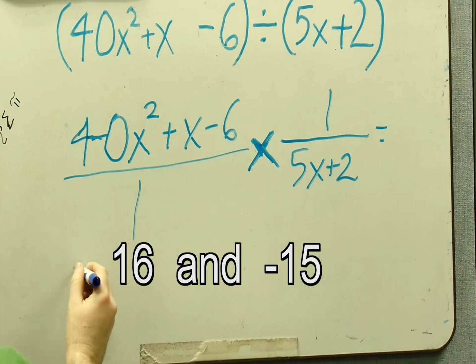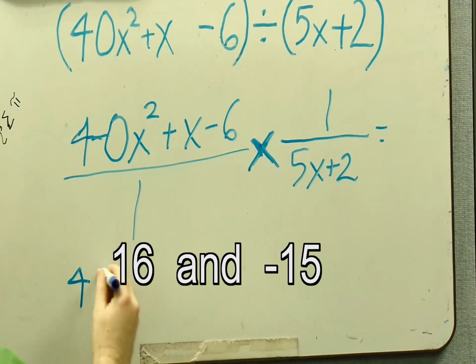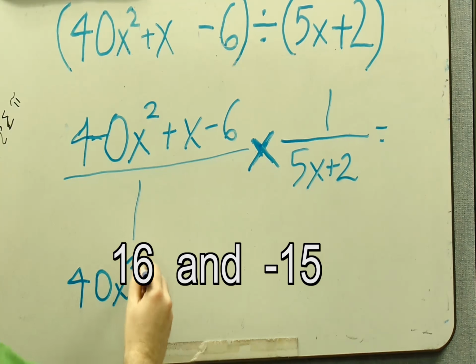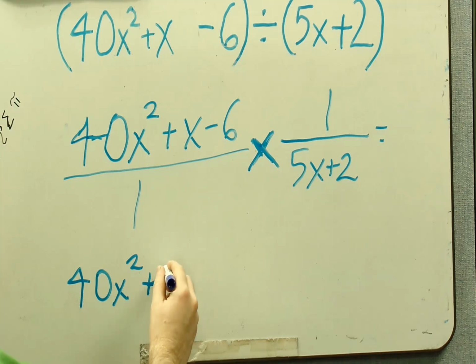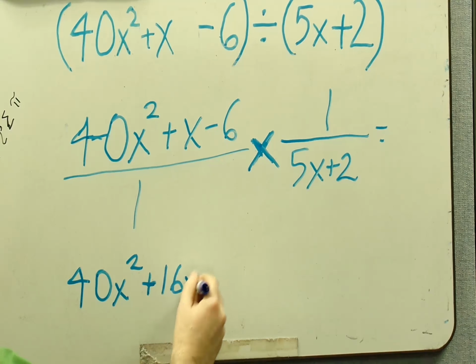Those two numbers, when multiplied, equal negative 240, but when added, equal 1. So we're going to write those numbers down. I'm going to do a separate video on factoring and factoring by grouping, but this is at least going to be a quick overview.